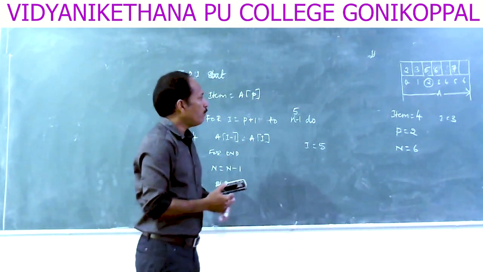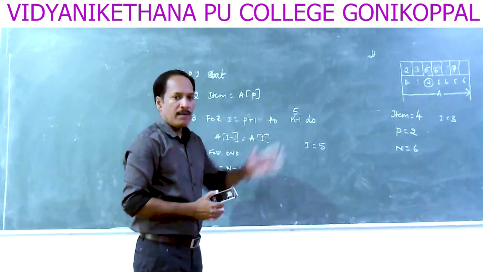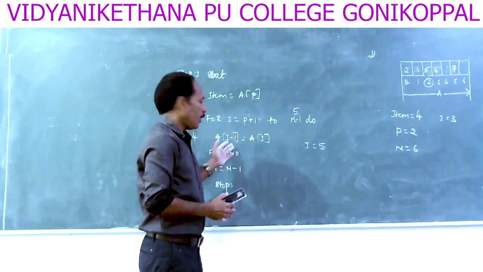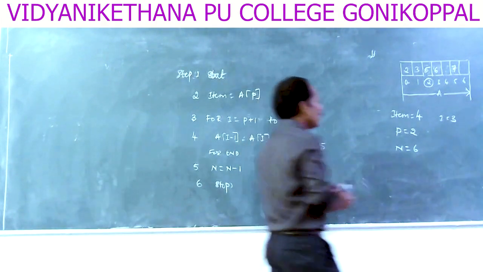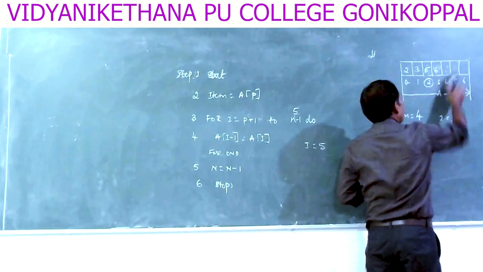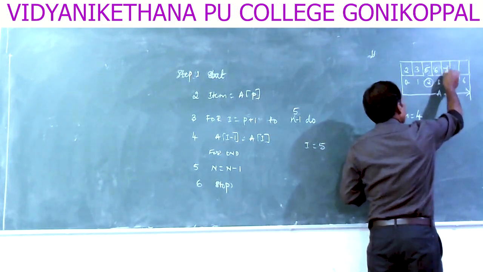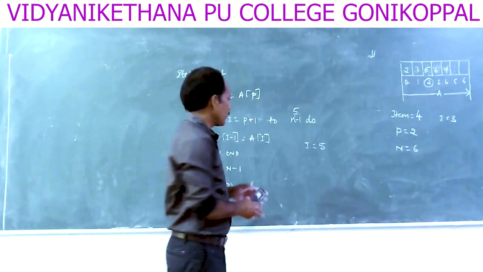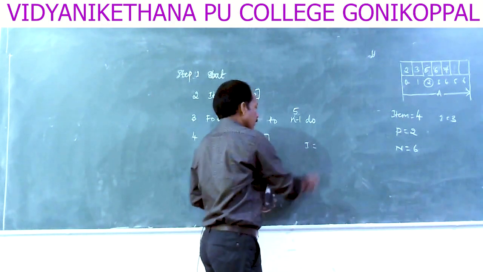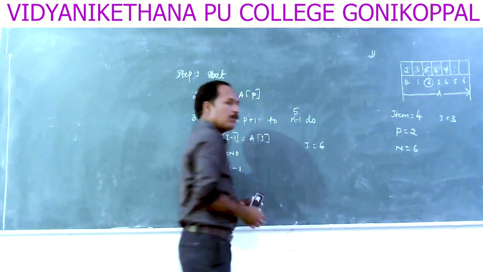Repeat again. So what you are repeating? A of 5. So at A of 5, we have element 7. So that will be copied to A of 4. So A of 4 is nothing. So A of 5 we have the element, so there it is copied. So stop. Now this loop mathematically stops. So I plus plus, 6. 6 is less than or equal to 5? False.